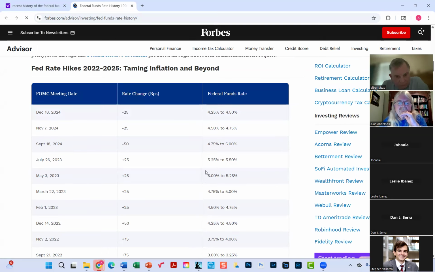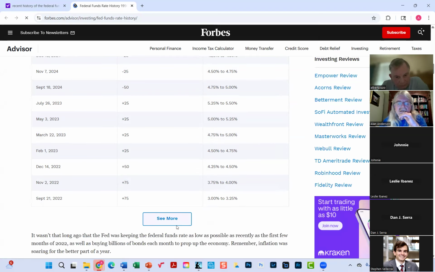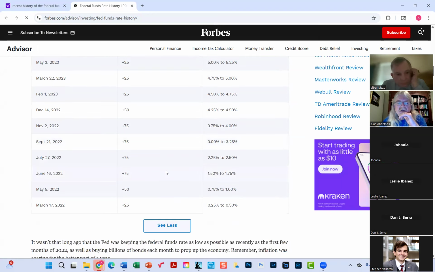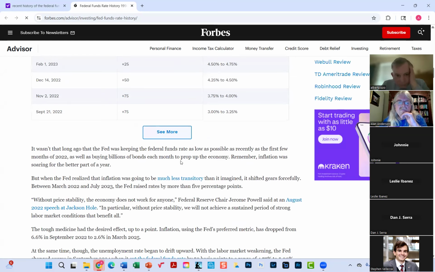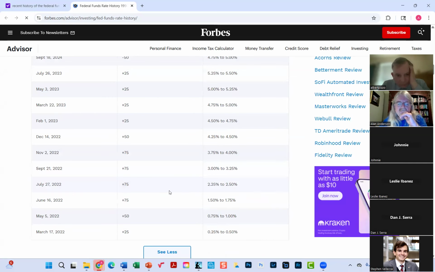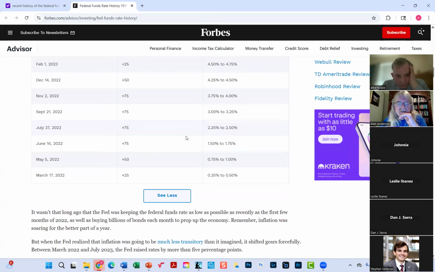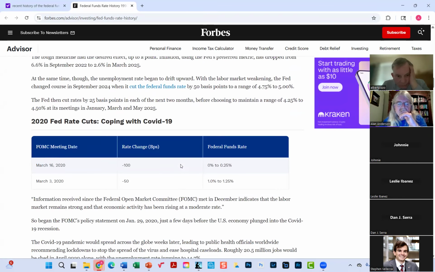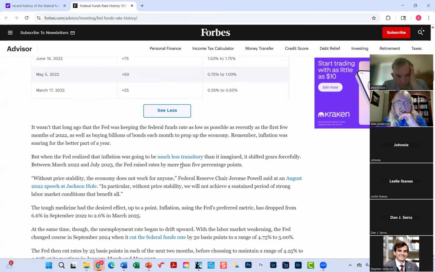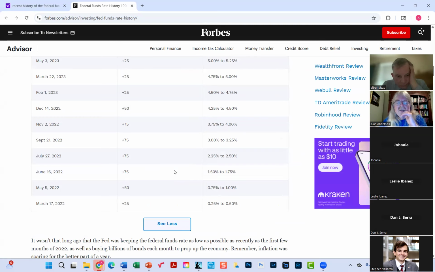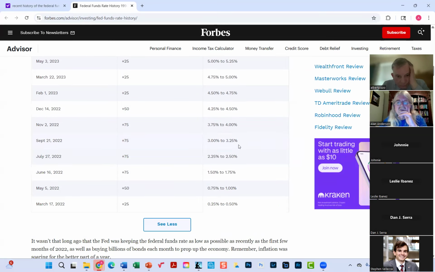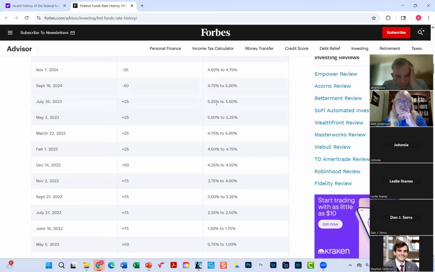So that's where it stands now. But if you notice, it had been higher. But of course, if you go back far enough, during the COVID, it was pretty well close to zero. And then once the economy started to wake up, they started raising it fairly quickly, and it got as high as 5.25.